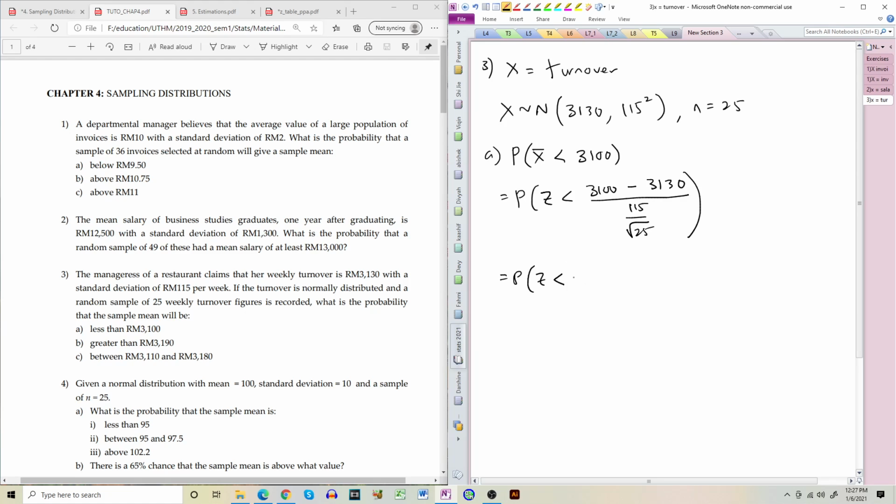This would give you negative 1.30, and if you look at the table, that would give you 0.068.